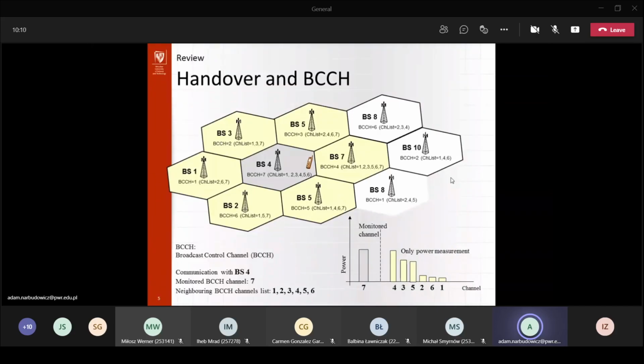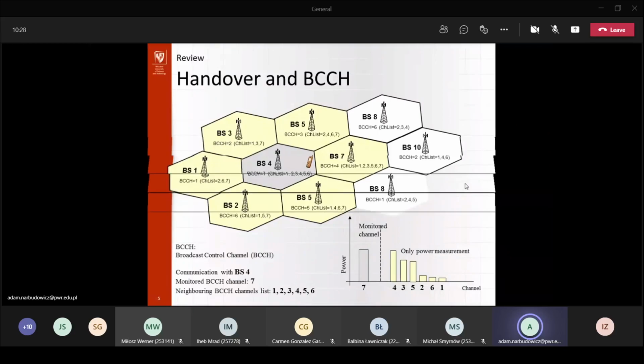And we talk about the broadcast control channel, which in a relatively efficient way allows you to transfer the calls, by monitoring power of control channels of different base stations.